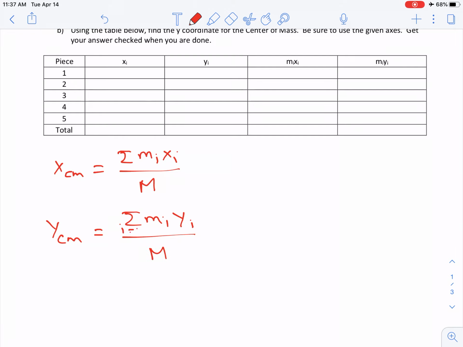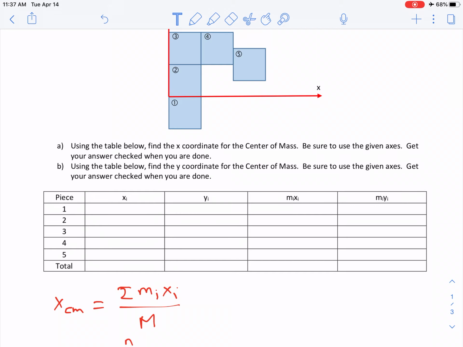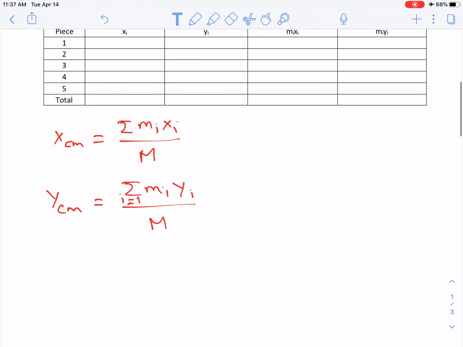Once again, i goes from 1 to the number of particles. You can see that there are 5 pieces, so that little n is simply 5. So I'm just going to complete my equations: i goes from 1 to 5 for x as well.